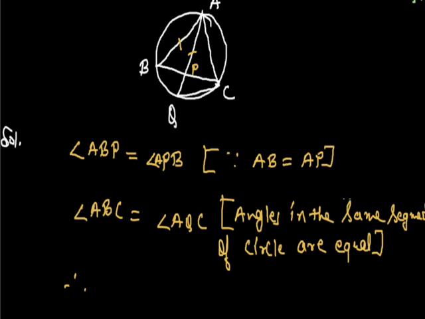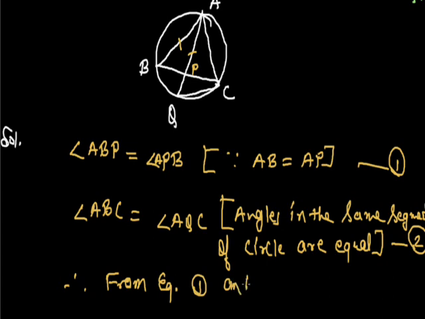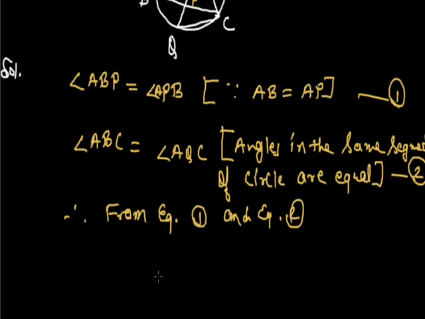Let these be equation number 1 and equation number 2. So from equation 1 and equation 2, angle APB is equal to angle AQC.